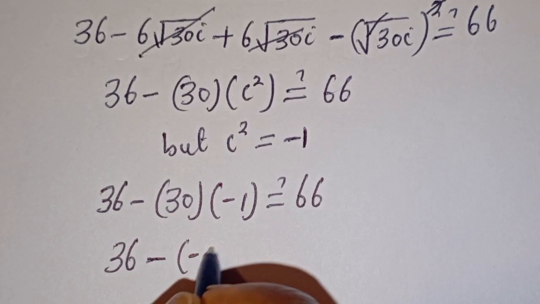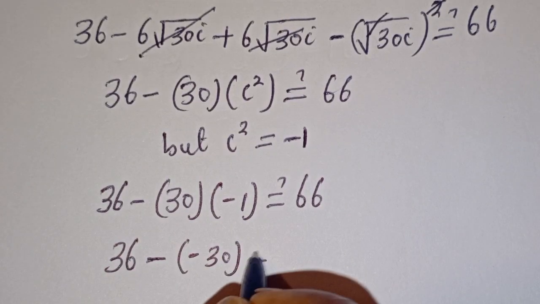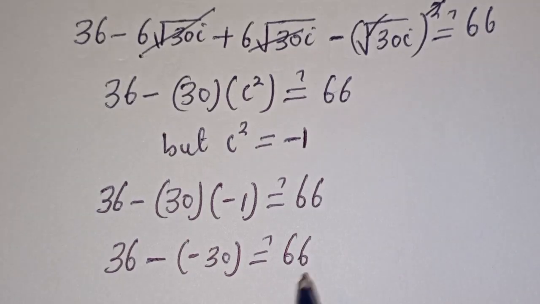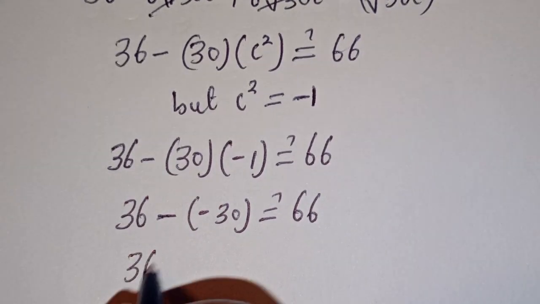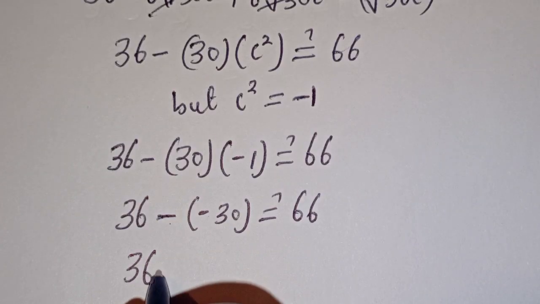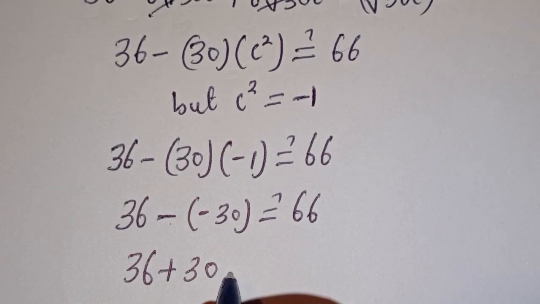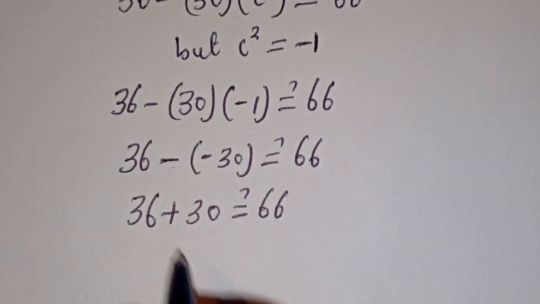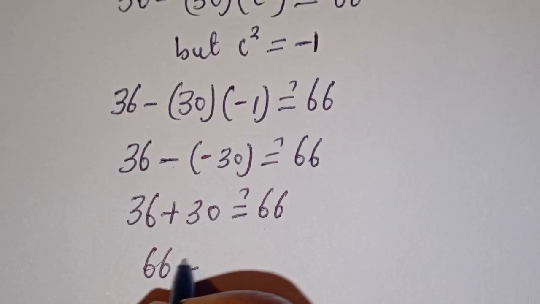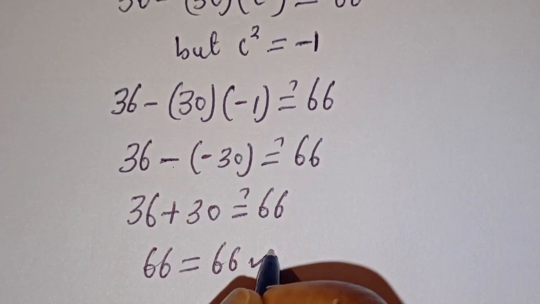This is minus 30 must be equal to 66. Now 36 minus times minus 30, that is plus 30, must be equal to 66. Here we have 66 is equal to 66, which is true.